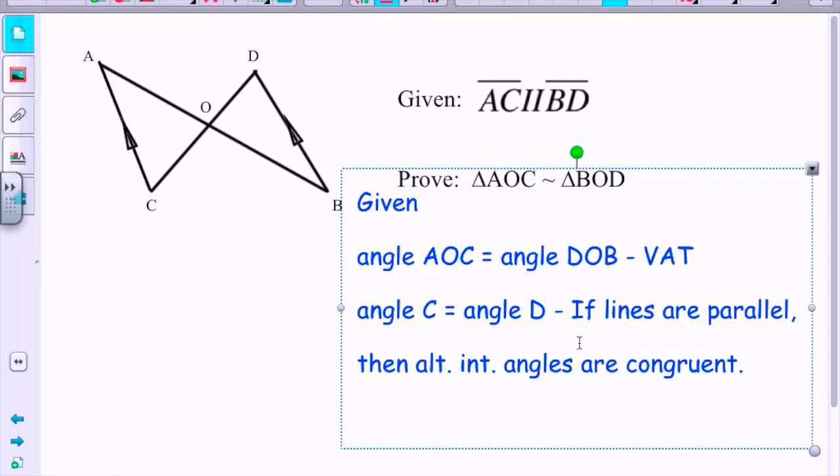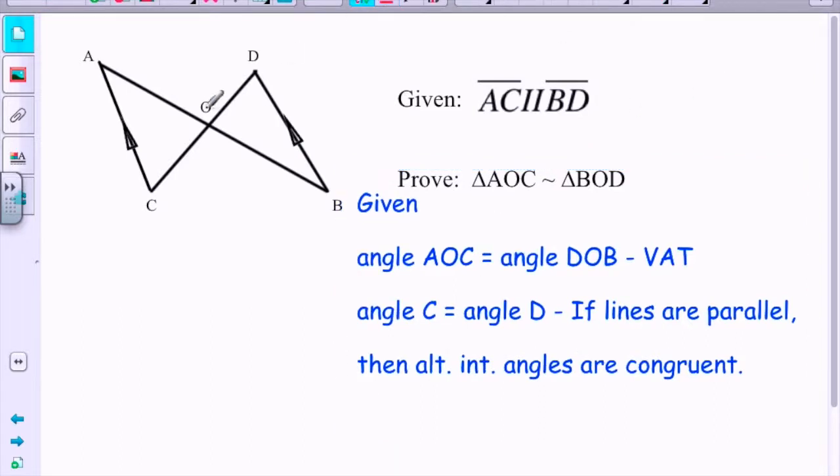Now that I've shown 2 sets of angles congruent, just click back here to show you that. I've shown these angles are congruent, and these angles are congruent. I have enough to prove they're similar.